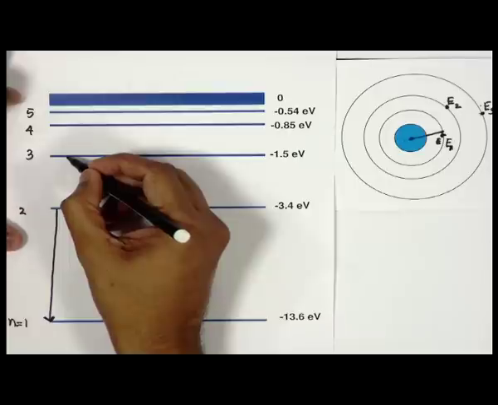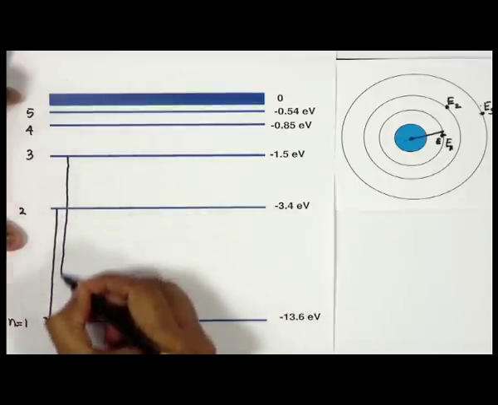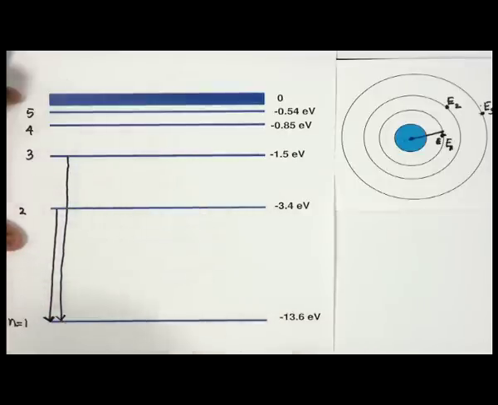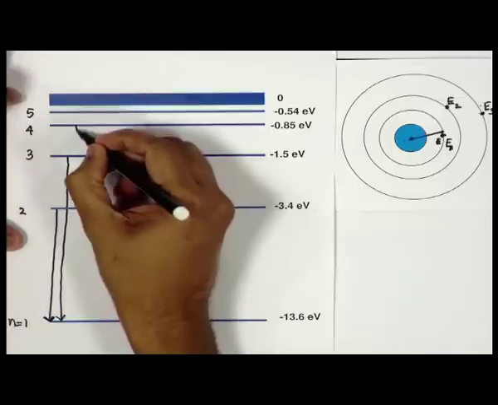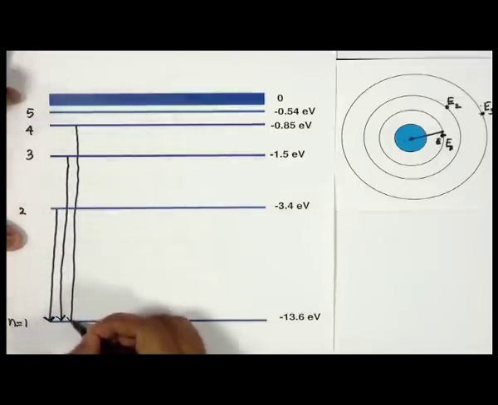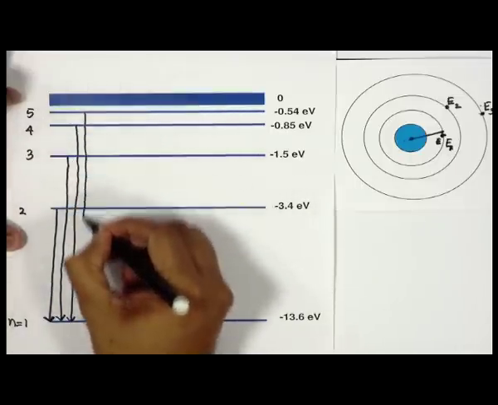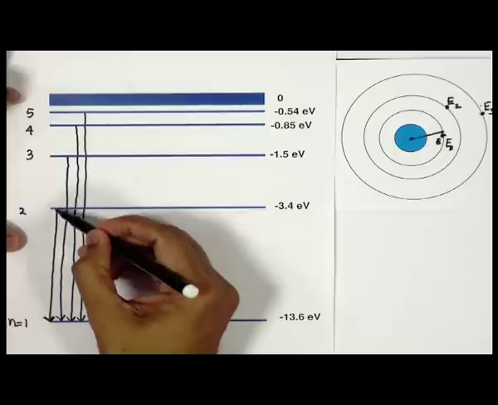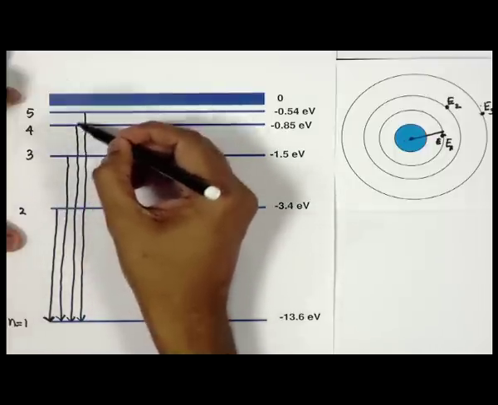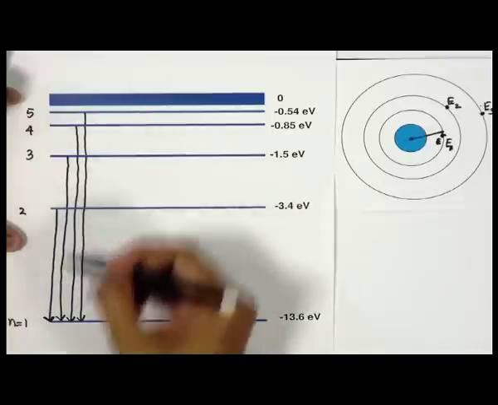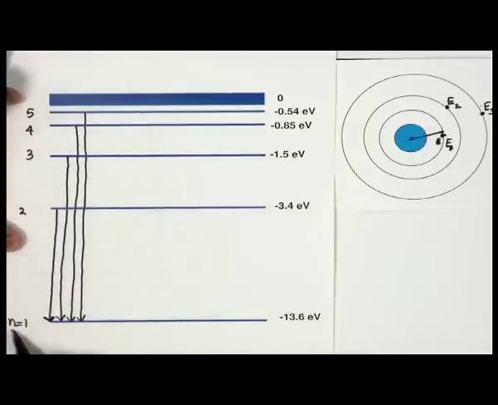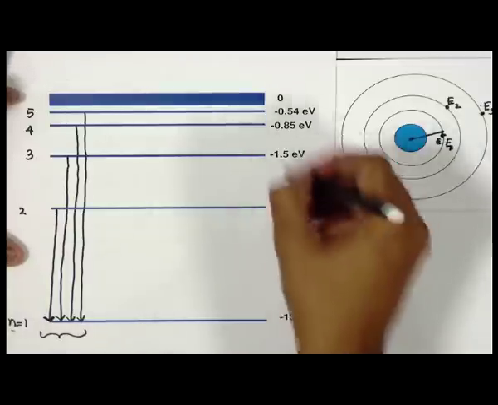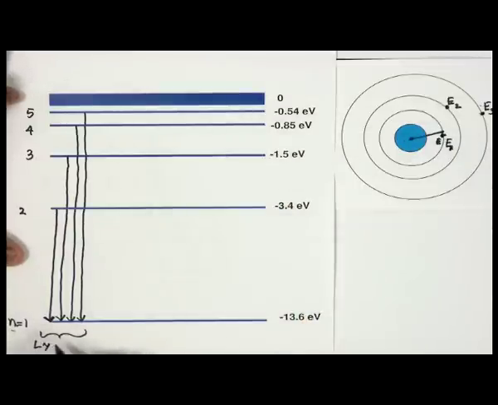And if the electron comes from the third orbit to the first orbit, it emits another radiation, and similarly we can go on doing this. In these 4 lines you will see that the initial state can be 2, 3, 4 or 5, but it is always coming down to the state n equals 1. If you calculate from these numbers, this is what we know as the Lyman series.